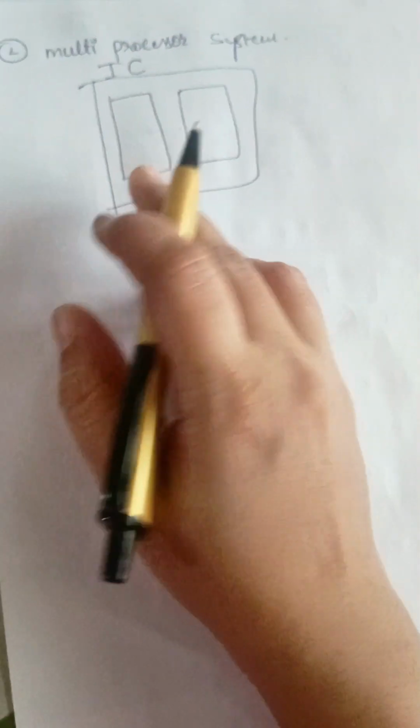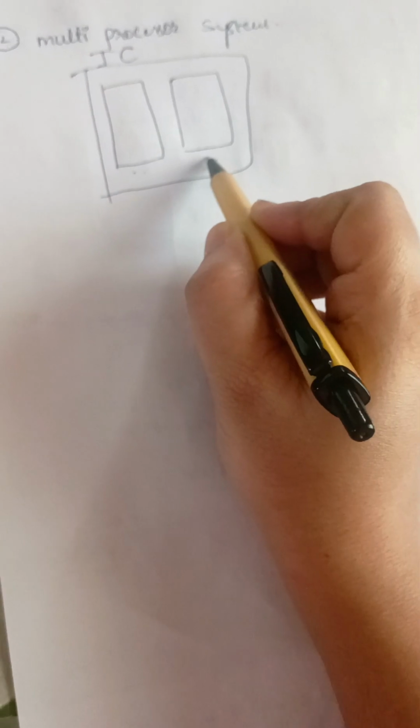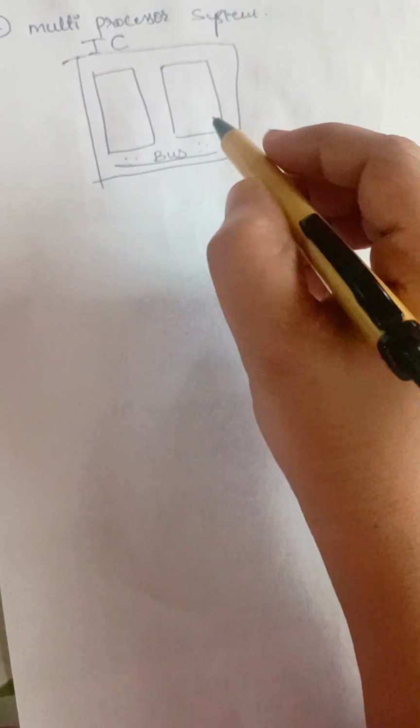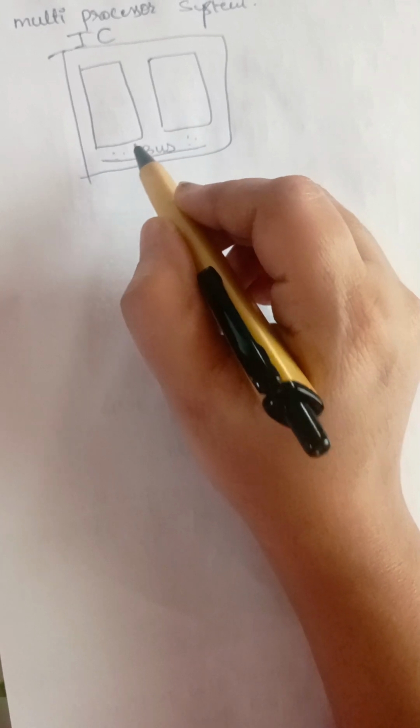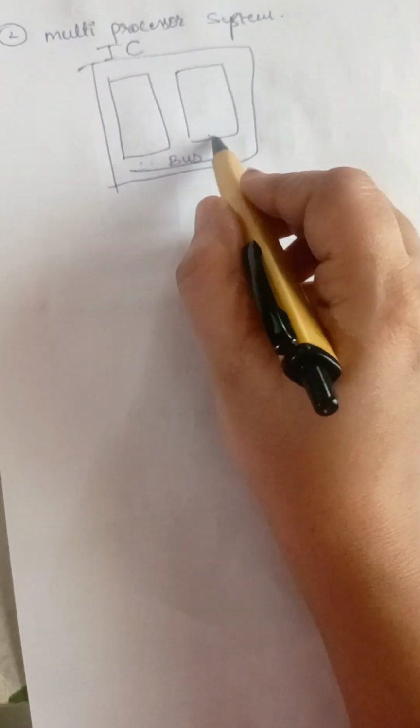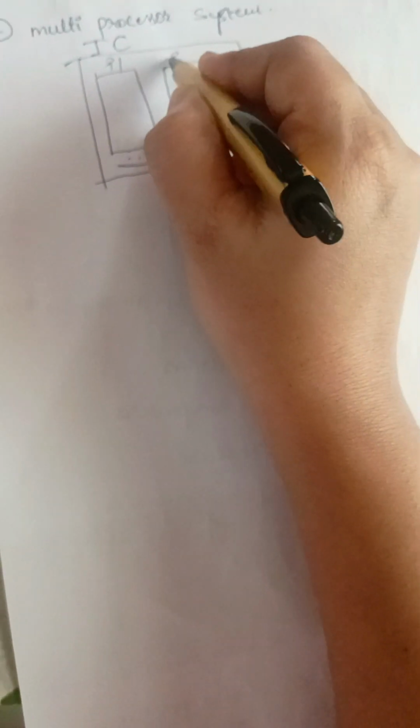Like this, this is one processor and here is another processor in the same integrated chip, or IC. The parallel processors are designed in the same IC, but these two share the same bus. Bus means an electronic path. The common system bus will be shared by these two processors.